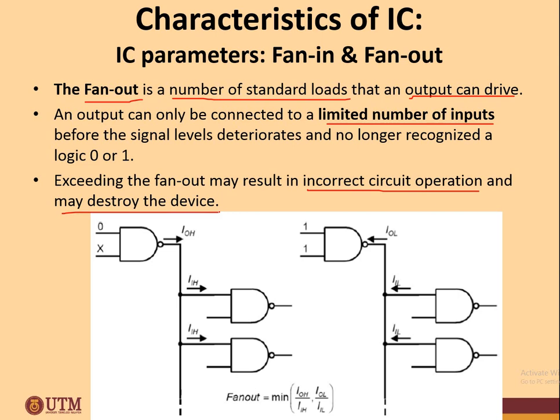So you see here the current when the output is high, and here is your IIH. So input high, output high, input high. Then you see 0 and X, which is a don't care condition.